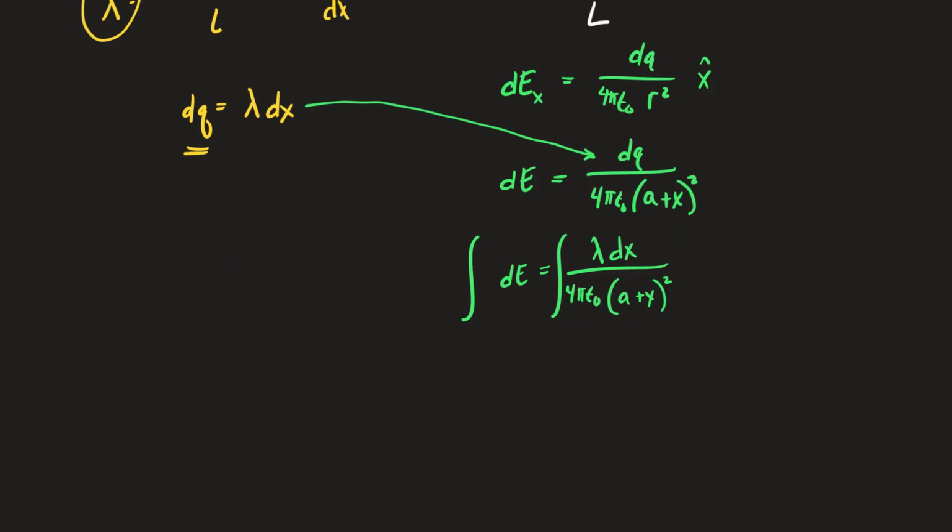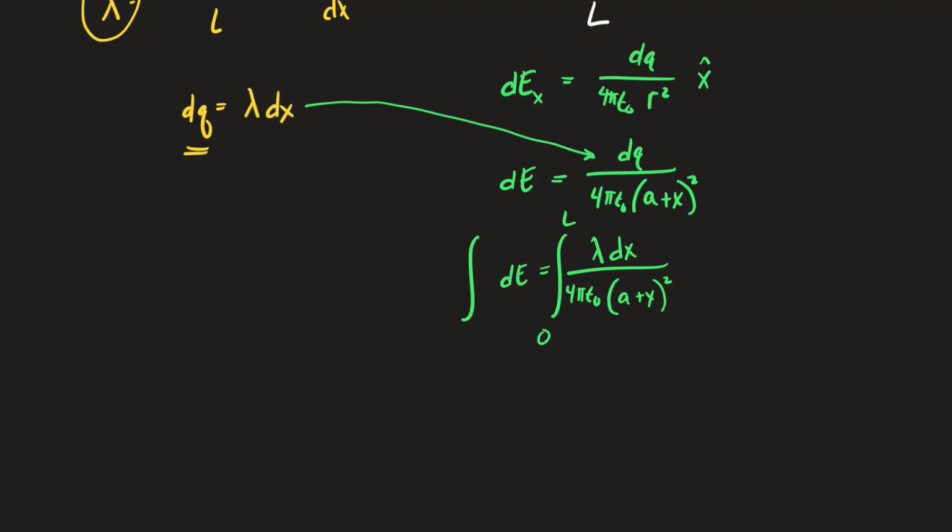I need to set my starting point and my ending point. My starting point is going to be 0 when x is 0. My ending point is when x is equal to L. That all okay? All right. Well, I think we're done.